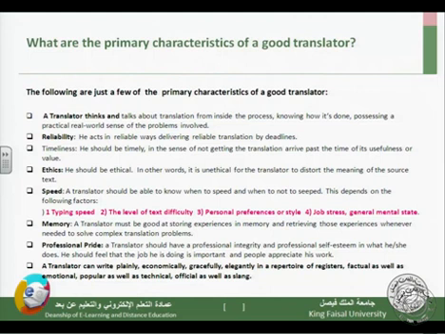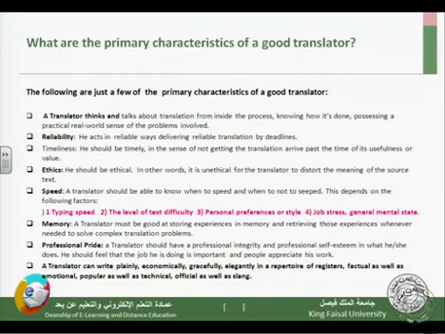In other words, he acts in reliable ways, delivering reliable translation by deadlines. In other words, when you open your company of translation, if you say to a client or a user of a text, come tomorrow to get your text translated, it means you have to live up to his expectations. So you need to be reliable. This is very important.